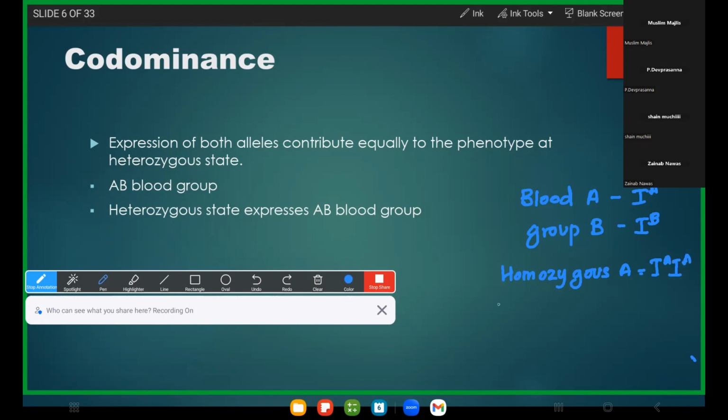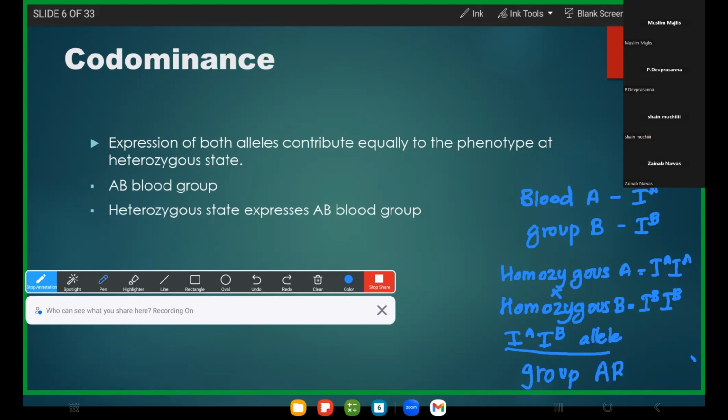Similarly, homozygous B would be IB and IB. When we cross these two organisms, we would get IA and IB allelic combination. This combination would show the phenotype where we have a group AB.